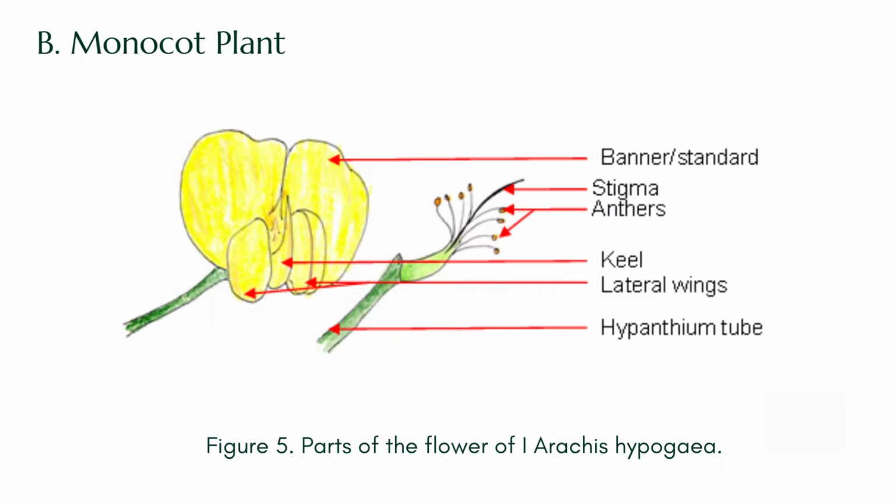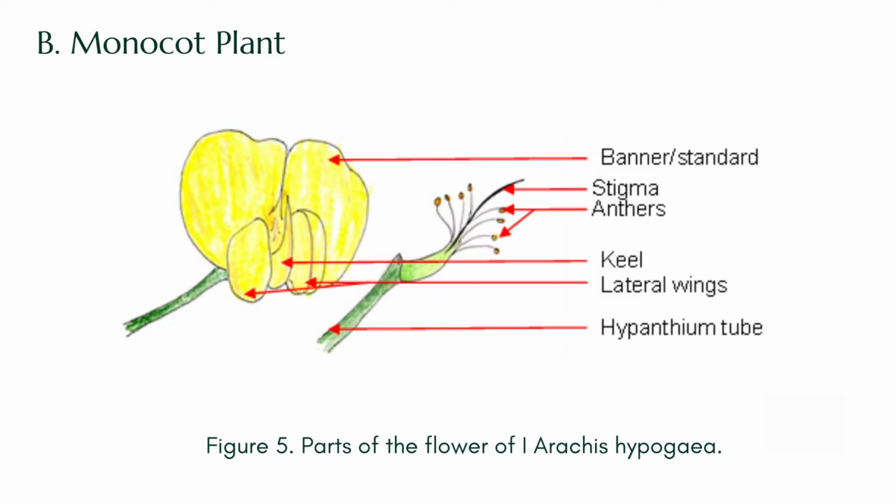Figure 5 shows the parts of the flower of Arachis hypogaea. Peanut flowers, or any flowers in the legume family, have one large banner or standard, two lateral wings, and a keel, which encloses the staminal tube at the distal end. The stigma is surrounded by 8 anthers, composed of 4 oblong-shaped and 4 globular-shaped anthers.